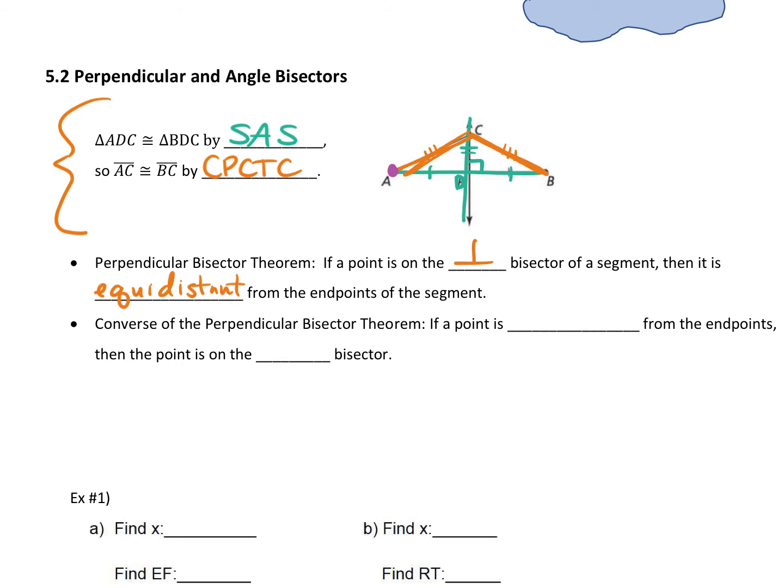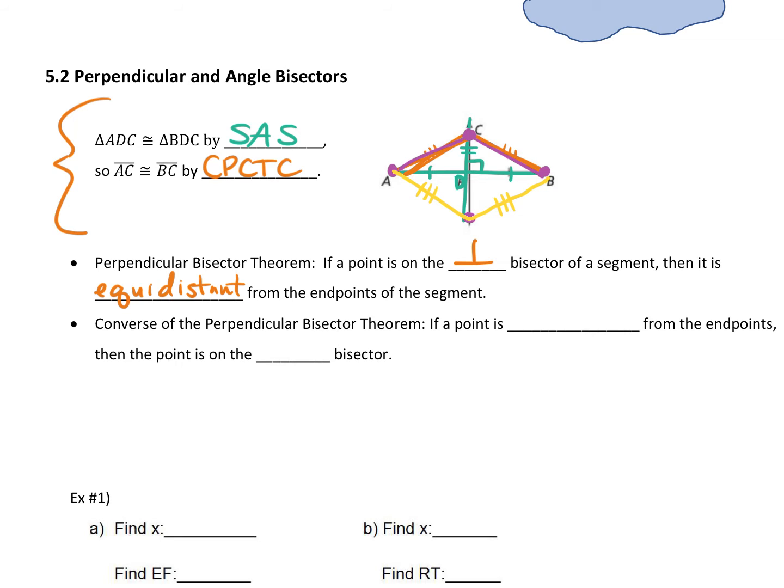Here's an endpoint A, here's an endpoint B. If a point, point C, is on the perpendicular bisector, it must be the same distance to A as it is to B, which means I could pick a point way down here on the perpendicular bisector, and the distance to A must be the same as the distance to B. Okay, so if it falls on the perpendicular bisector, it will be the same distance away every single time.